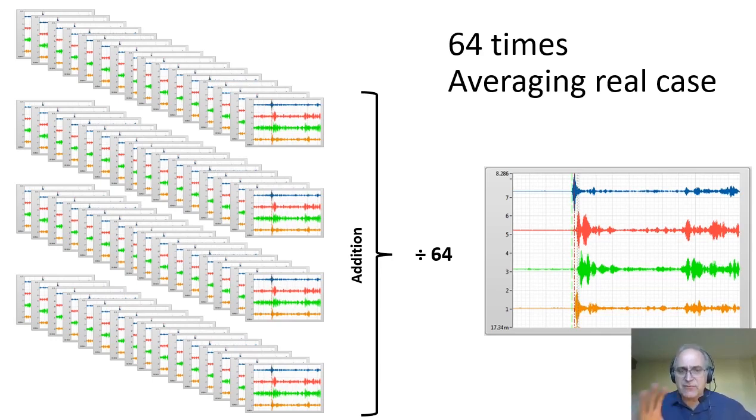It doesn't mean that 64 will be enough in your transformer, in your location. In this example, it was enough. And if it's enough, don't push it farther because you don't want to disturb the remaining waveform. But right now, we can see that 64 was good enough to remove the noise, and that will be good to identify the time of arrival.